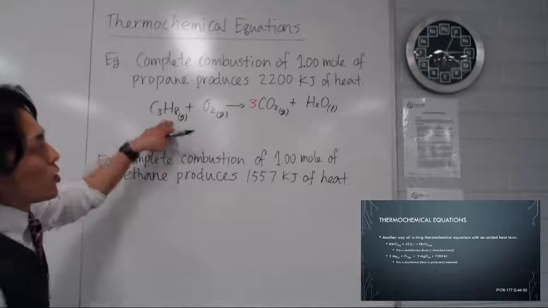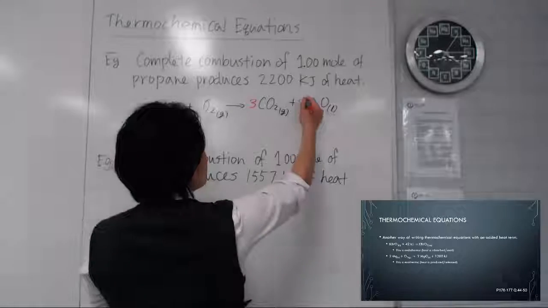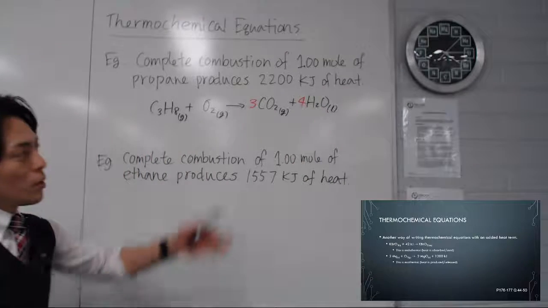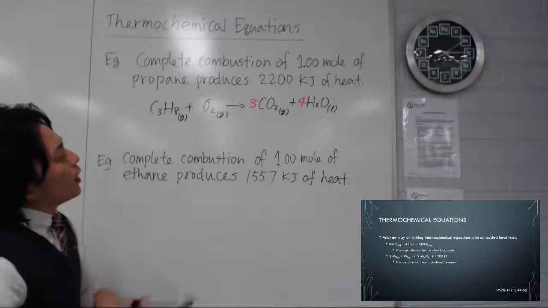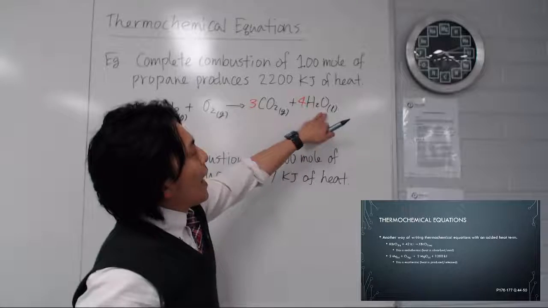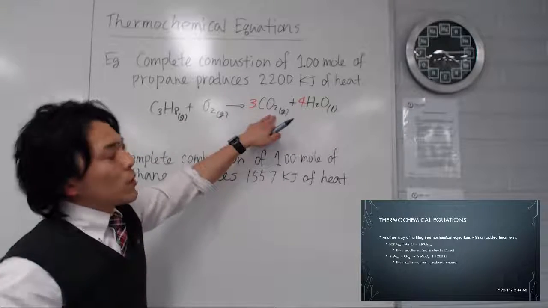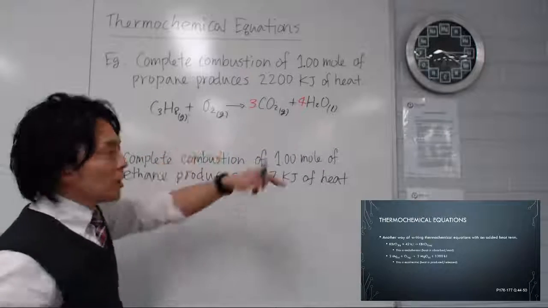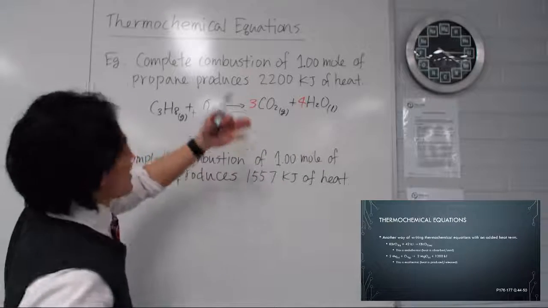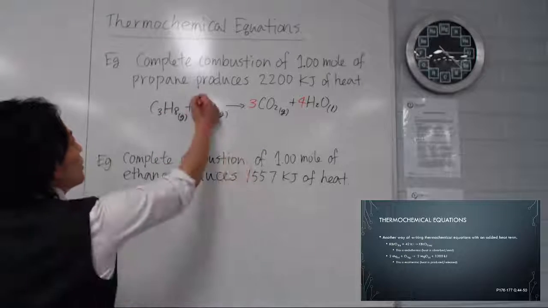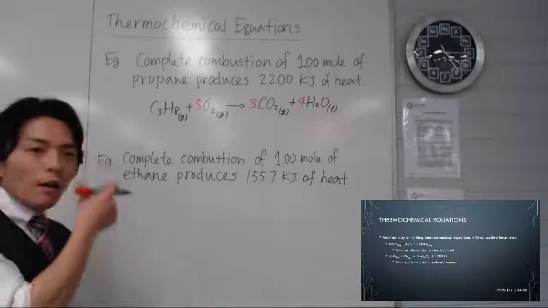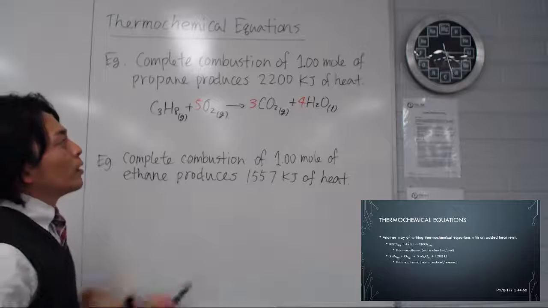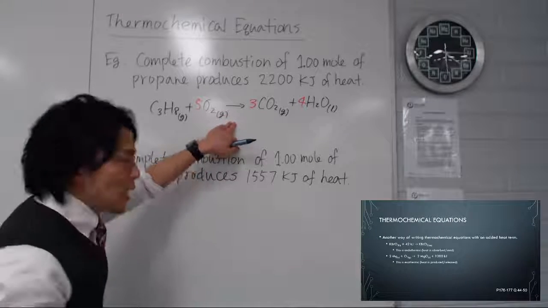There are 8 hydrogen on this side, so I'll put 4 times 2, that makes 8. Oxygen wise, there are 4 atoms plus 3 times 2, that's 6 atoms, so 4 plus 6 is 10. Therefore, if you divide by 2, 5 of them is required.